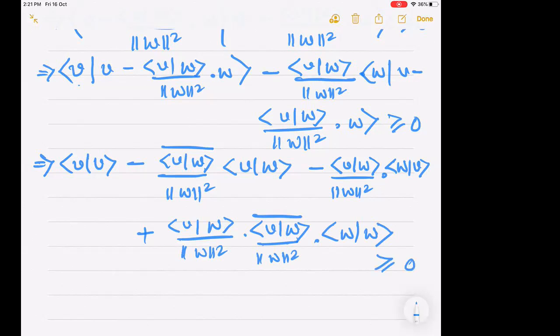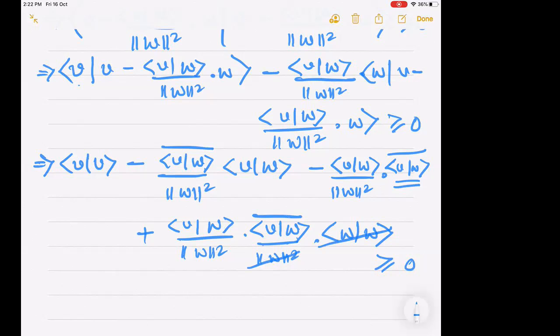But now notice that this is nothing but a complex conjugate, right? So this is the same as <V,W> complex conjugate. And this is W norm squared. So they cancel out.